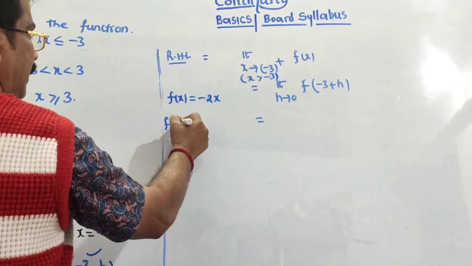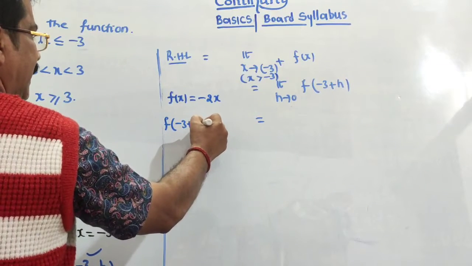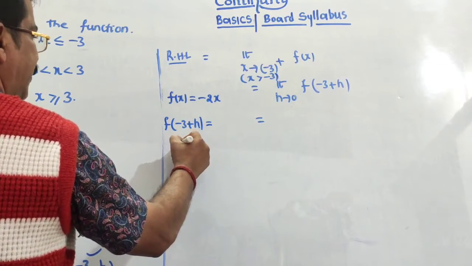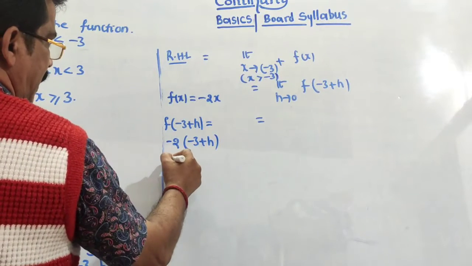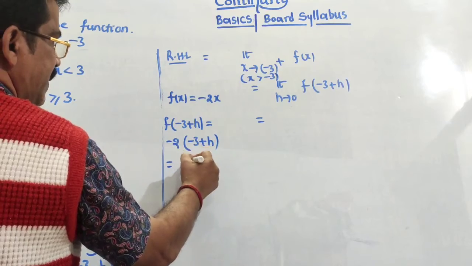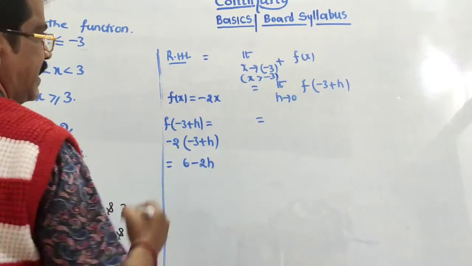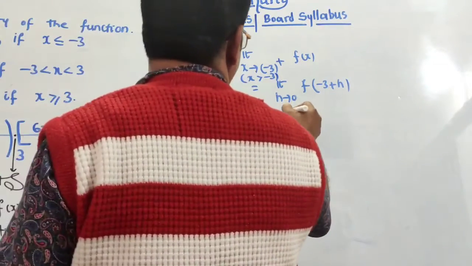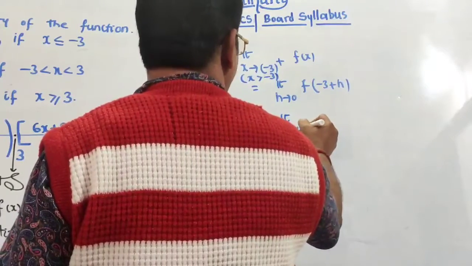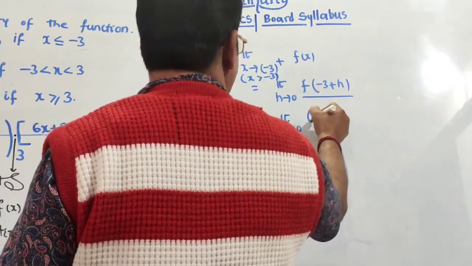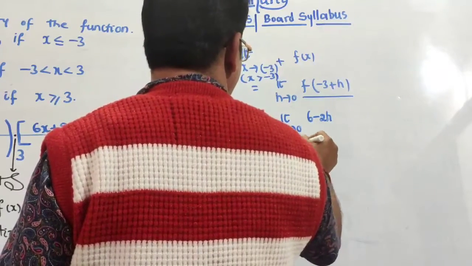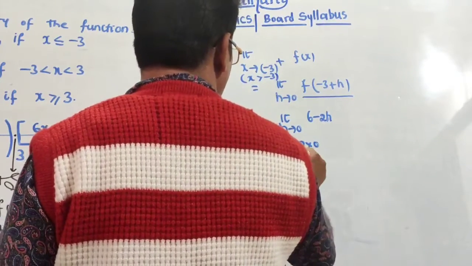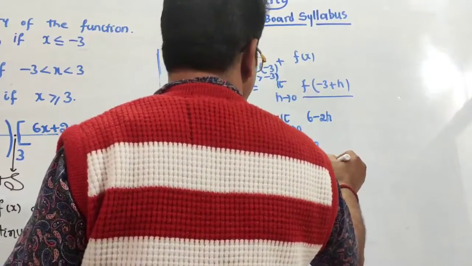Then what about f of minus 3 plus h? Minus 2 into minus 3 plus h, that is equal, on simplification, to 6 minus 2h. So therefore limit h tends to 0 of 6 minus 2h is 6 minus 2 into 0, so 6 minus 0, that is equal to 6.